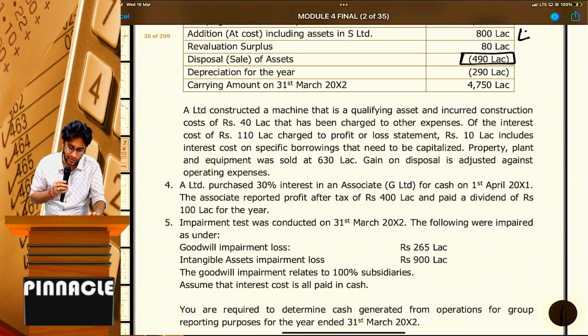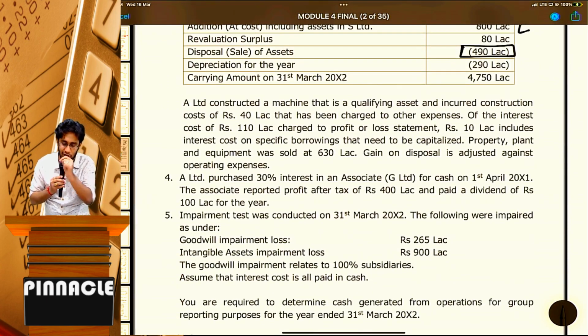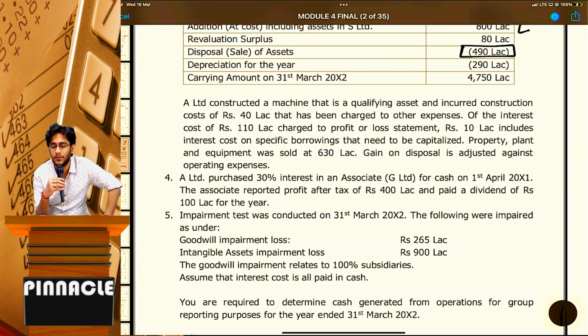Do you know what the trap is in this? Not 120, a dividend trap. Dividend that fellow paid is how much? 100 lakhs. So you would have received how much? 30% of 100, that is 30. You would have received that. What accounting would you have done for this? Associate. Fantastic. In the associate equity method, when the associate declares a dividend, it does not go to P&L. That should be reduced from the investment. Why reduce from the investment?